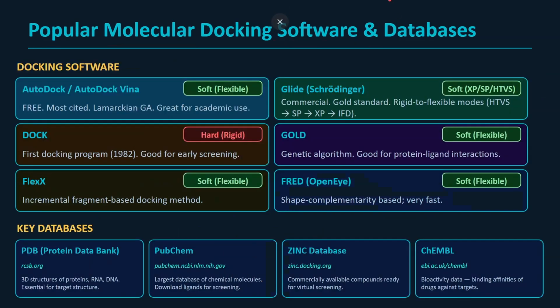So let us now look at the actual software and the databases which can be used in structure-based drug design, and these are also important databases you must know for the CSIR NET as well. So we have docking software like AutoDock or AutoDock Vina. This is used for soft docking and is one of the most cited docking tools. It is freely available, open source, and great for academic use because it is also important for flexible docking.